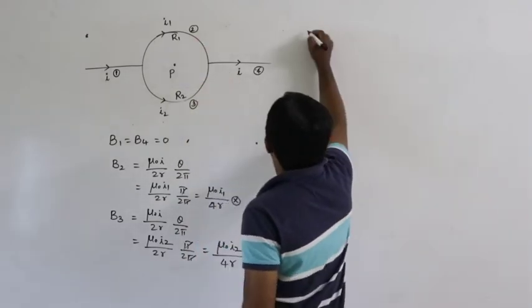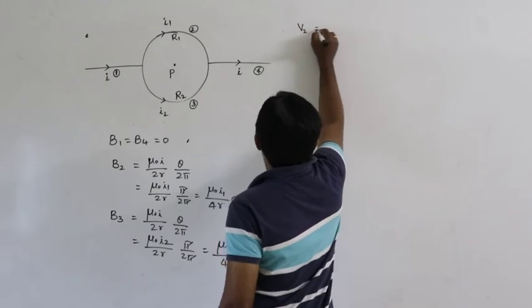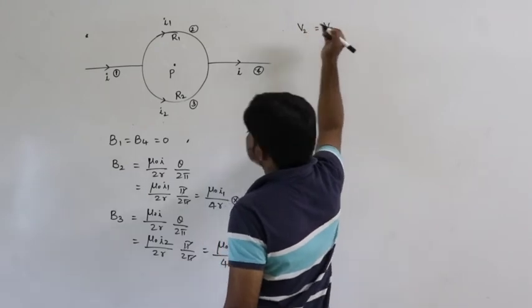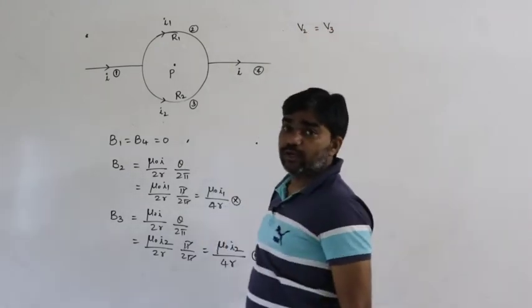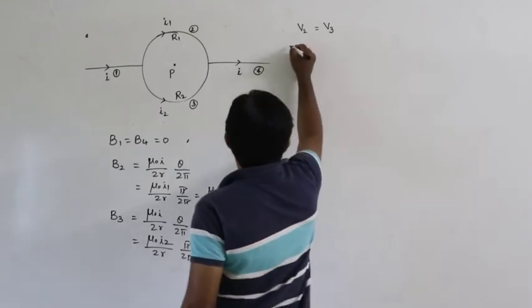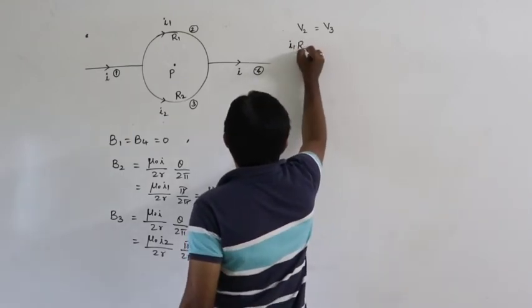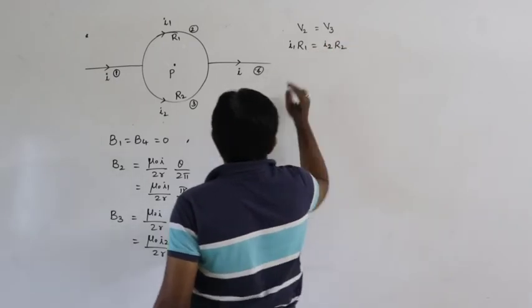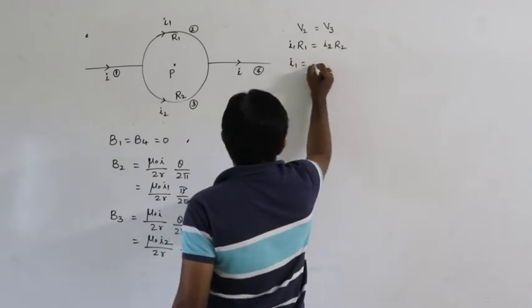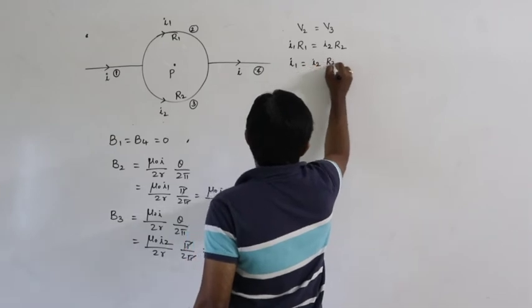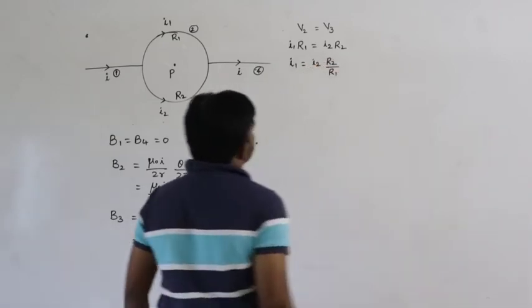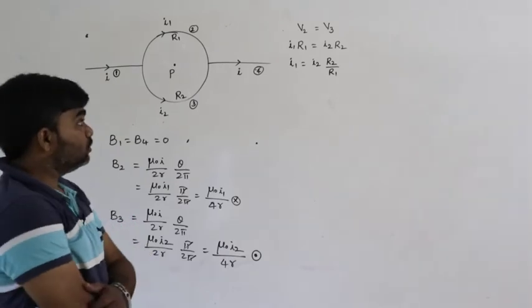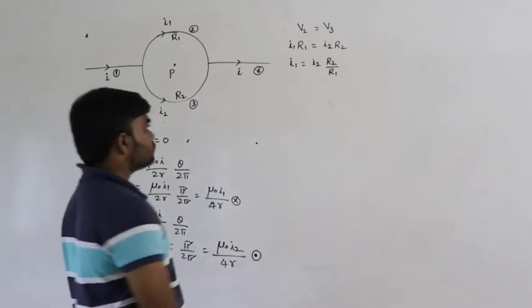So the potential in the second conductor must be equal to the potential in the third conductor. V2 equals V3. So from this we can write I1 R1 is equal to I2 R2. So I1 is equal to I2 into R2 by R1.